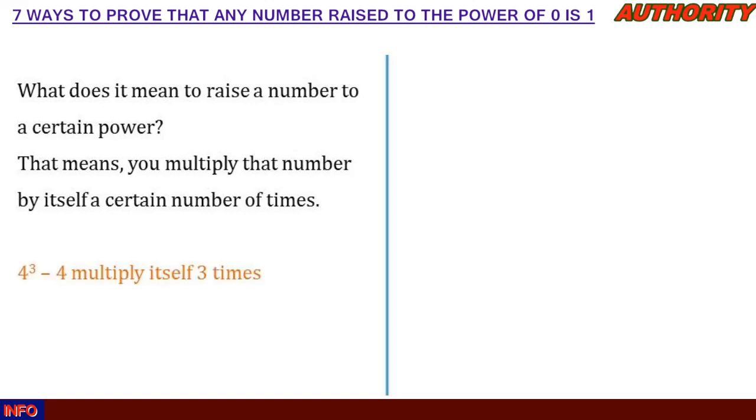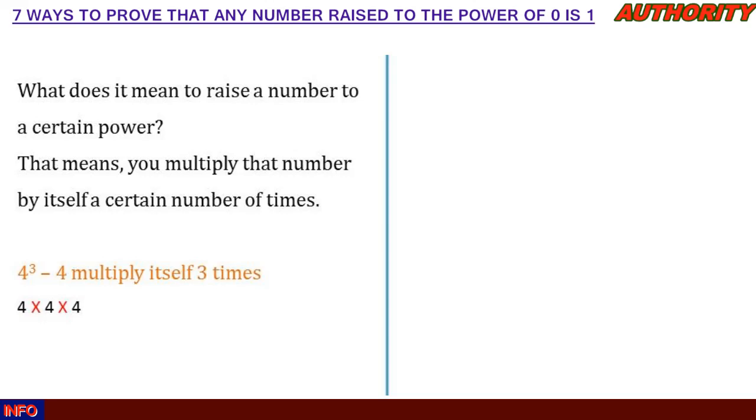For instance, when you have 4 raised to power 3, that is to say 4 multiplies itself 3 times. That is, you're going to say 4 times 4 times 4.